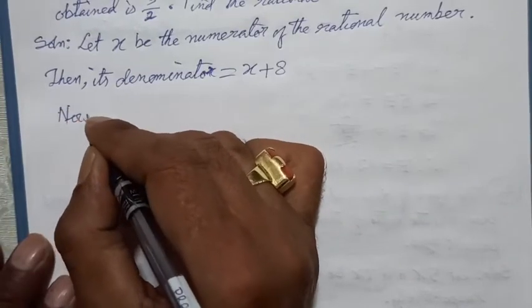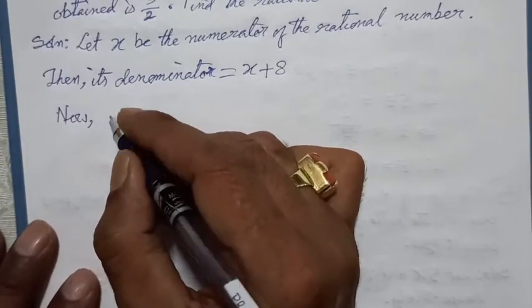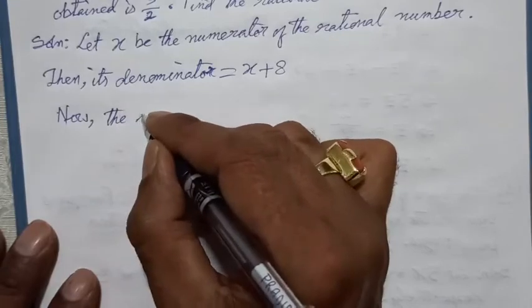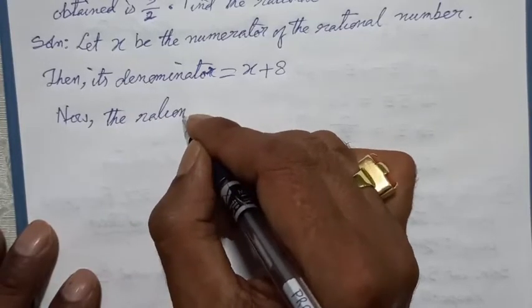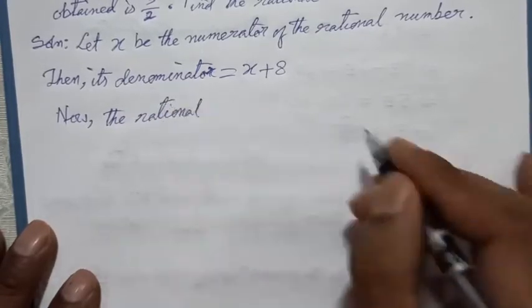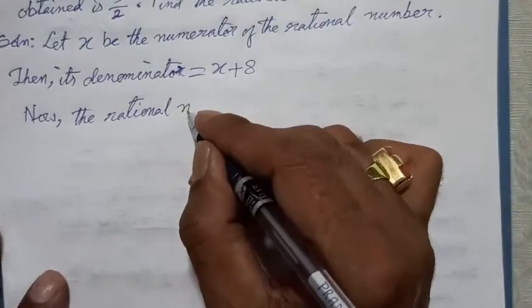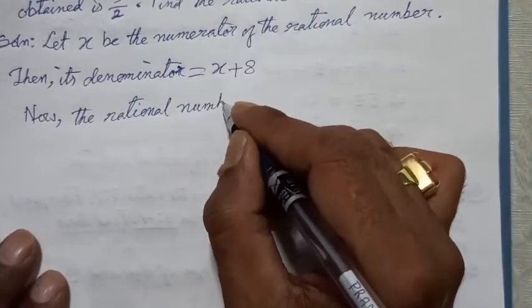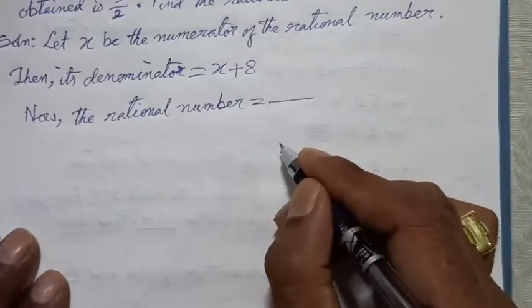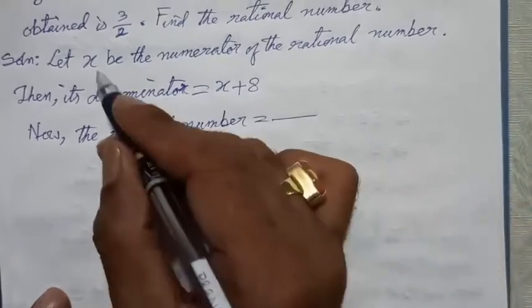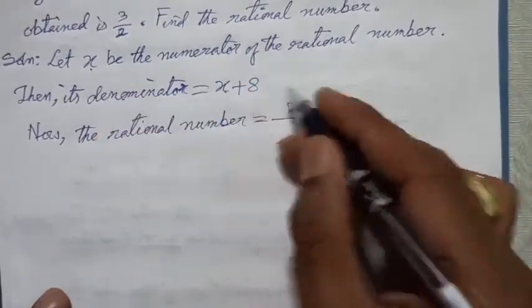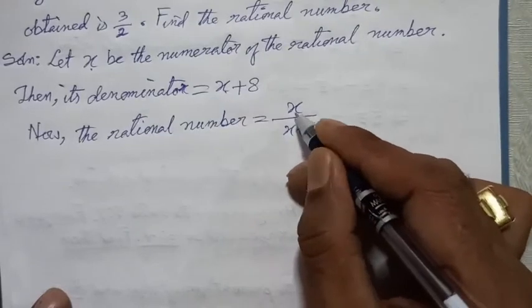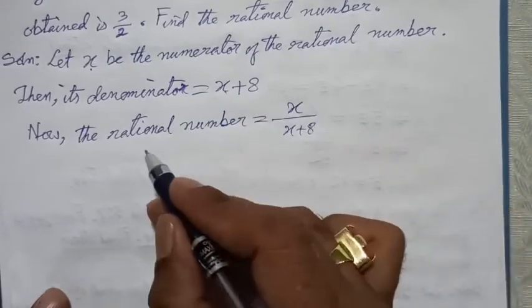Now the rational number is equal to here numerator is x, denominator is x plus 8. So x by x plus 8 will be the rational number.